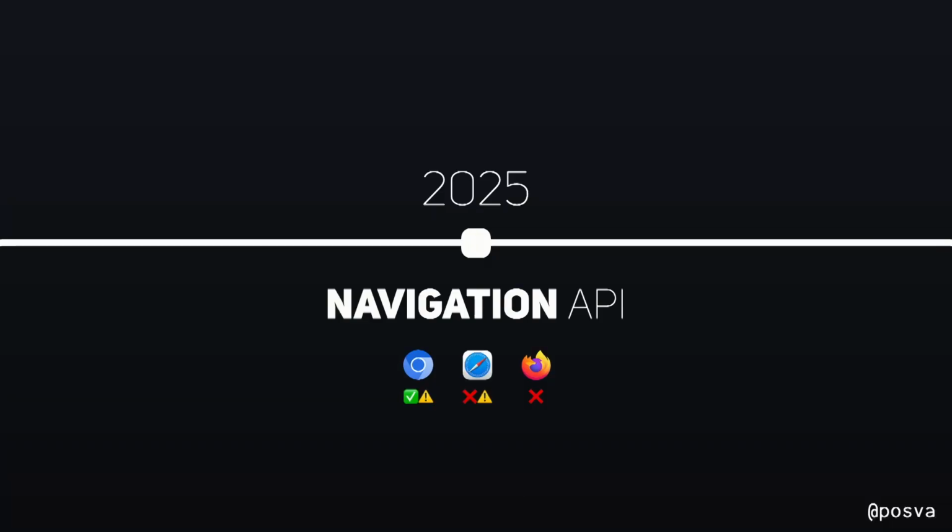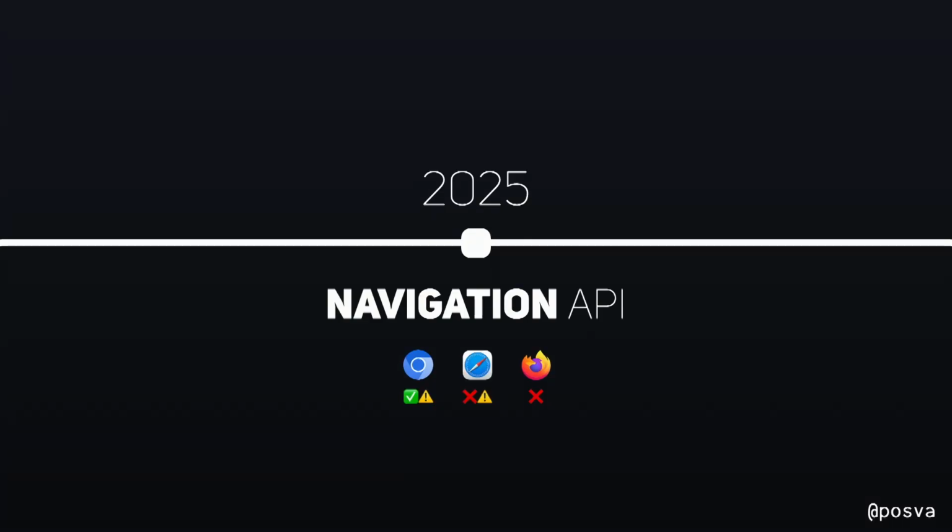Now, of course, I'm including Internet Explorer there, but as you all know, as time passed, it died. Rest in peace. Thank you. And nowadays, except from Internet Explorer not being in the picture anymore, nothing has really changed. Well, the name is Navigation API, but the support is still not there.